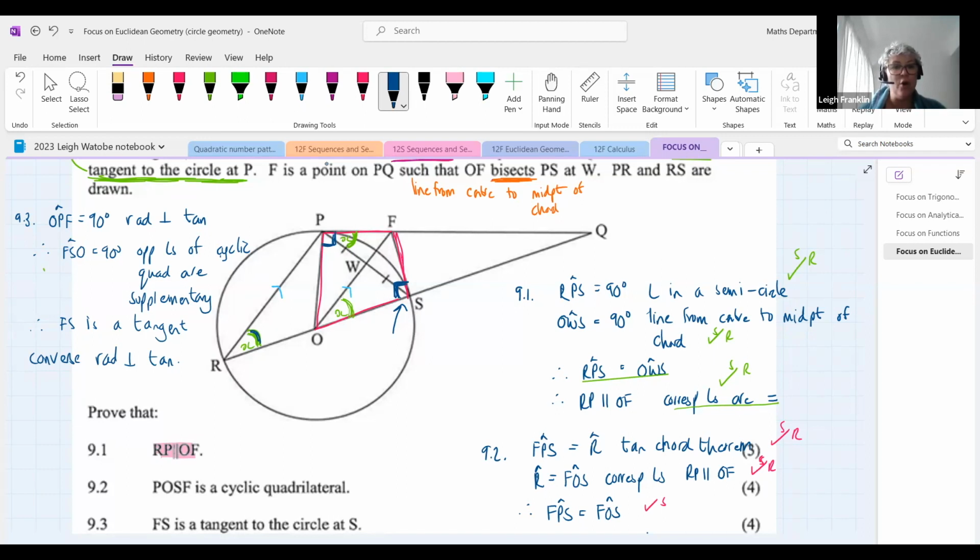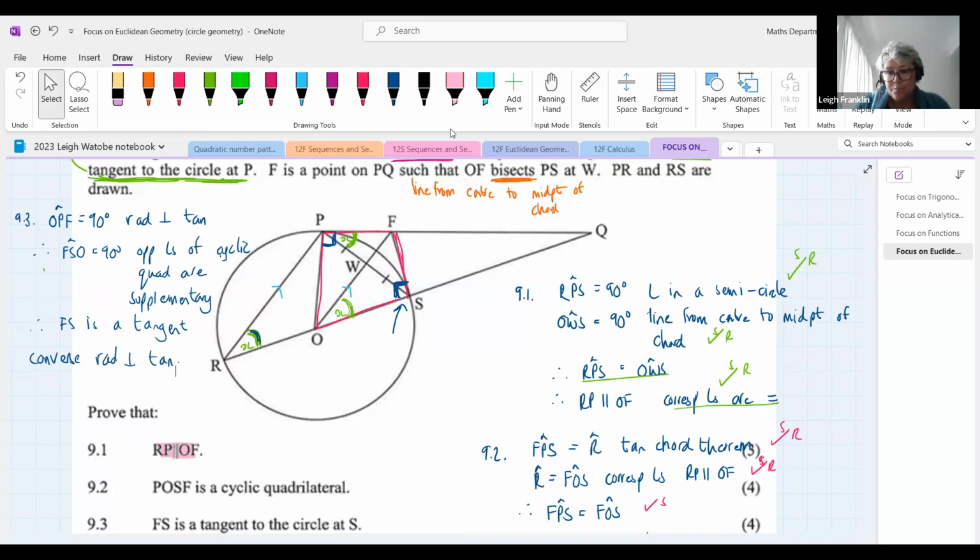And we know that OS is also a radius. So we've proved FS is a tangent to the circle. When you want to prove that a line is a tangent, it can only be done in two ways: either converse tan chord theorem or converse radius perpendicular to tangent. Those are the only two ways.